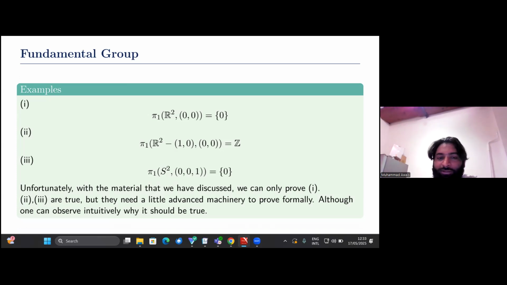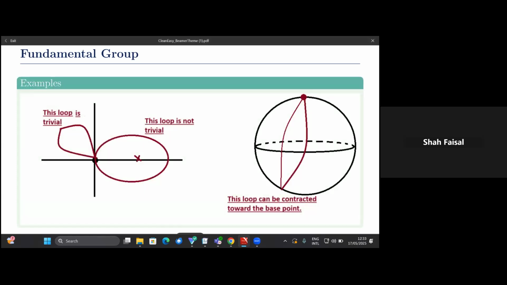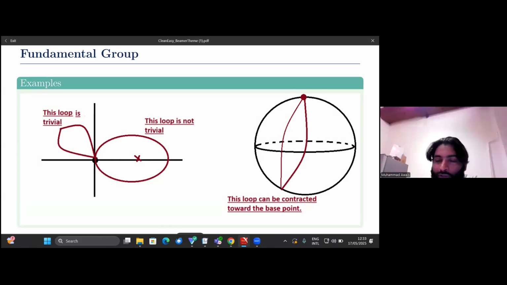But yes, this is also a good idea, but there are some problems, like space filling curves and so on. If you give me a loop on the surface of the sphere, you can always push it a little bit through homotopy away from the north pole, so you then get a loop in R2 to contract it. Yes, we can get a loop in R2, but the problem is that in the theory which we are developing, our homotopy has to respect our base point.